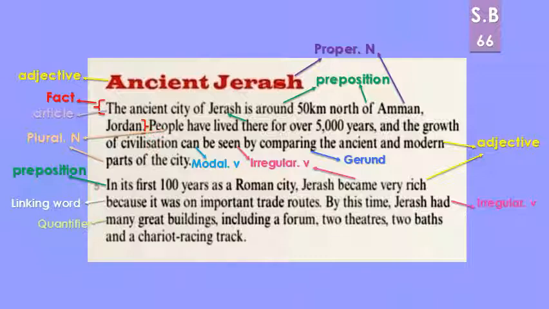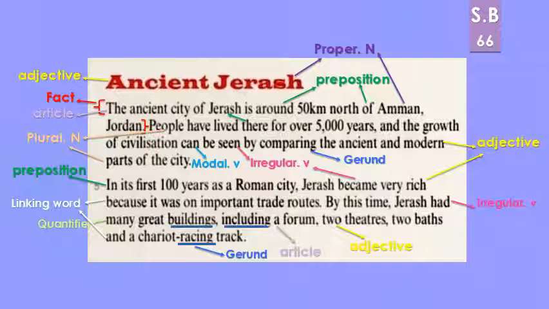Here we have many, it is a quantifier. And here we have and, it is linking words وهي كلمة رابط. So here we have buildings, including and racing. So these are gerund. Here we have a, it is article. And here we have two, and it is adjective وهي صفة.